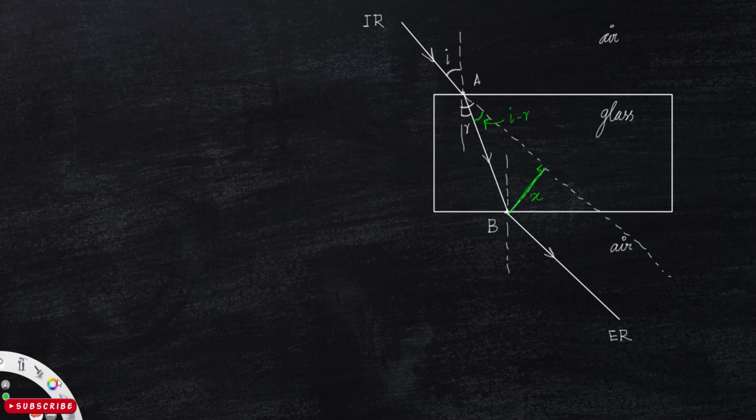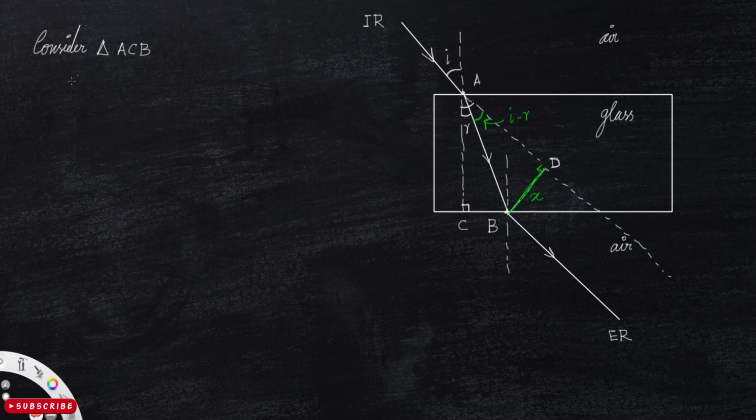Okay. And let me extend this normal so that it will touch the other side of the glass slab. This angle will be 90 itself. So let me call this point A, B, C, this point D. Now first consider the triangle ACB.